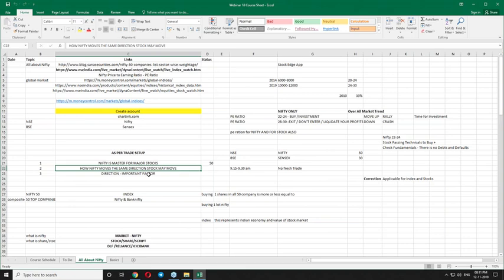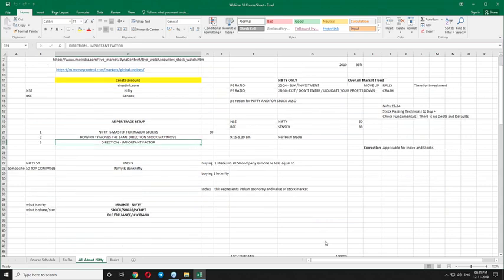It is not mandatory that the stock also has to move. When Nifty is positive, Nifty stocks themselves may crash. As we saw percentage-wise, it is not going to give a big impact. Direction is important.